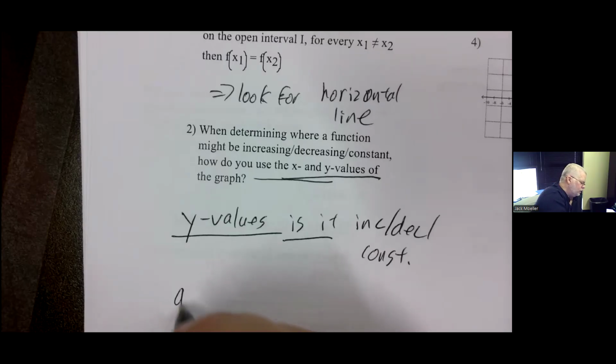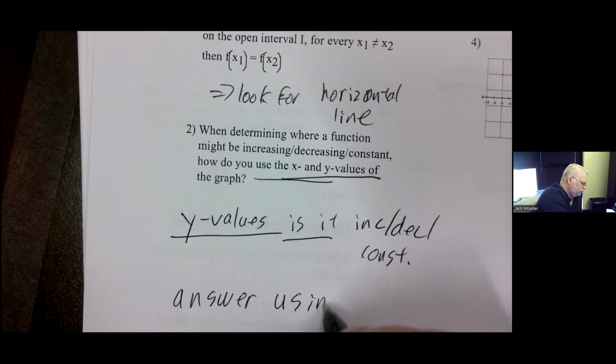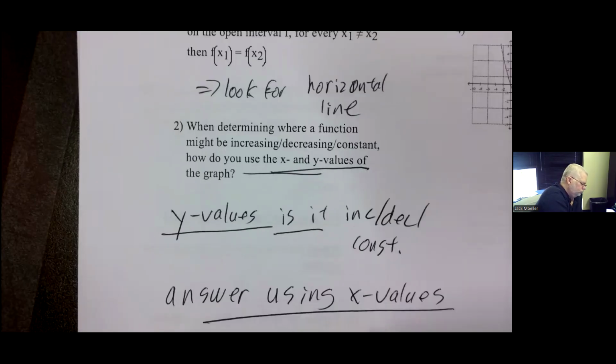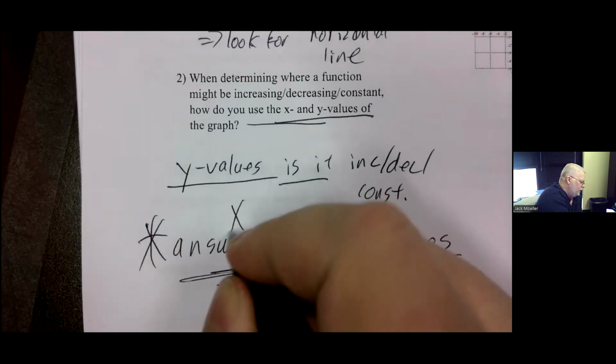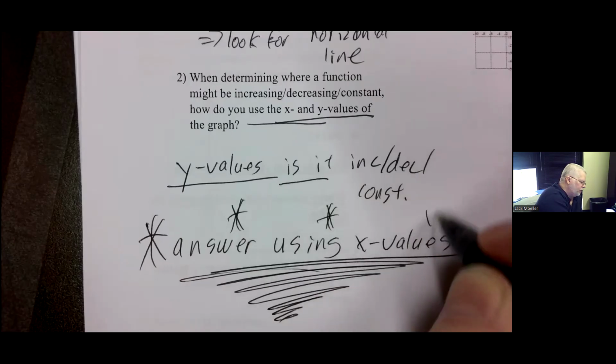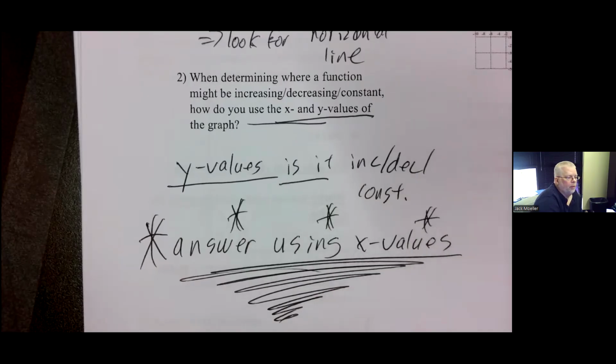Now we answer using x values. Really, when we're talking about intervals of increasing, decreasing, or constant, we're talking about parts of the domain. So we're always using x values to answer these questions.